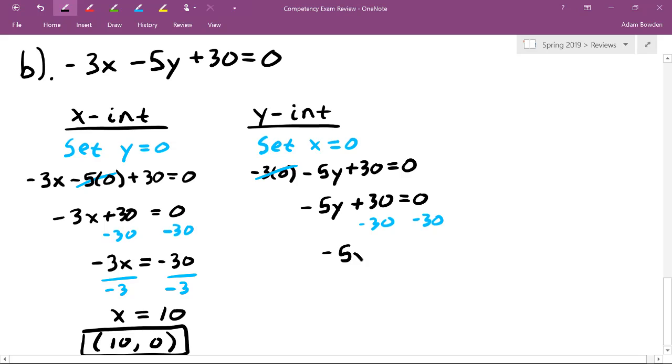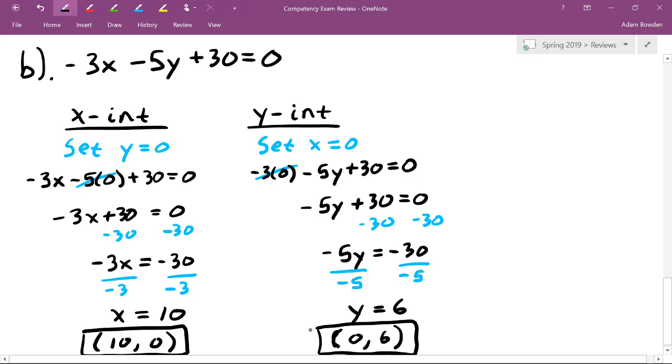We'll get negative 5y equals negative 30. Divide by negative 5. And y is going to be equal to positive 6. So that gives us a coordinate for the y-intercept of 0, 6. So now we have our x and our y intercepts.